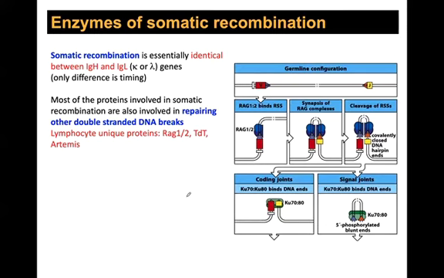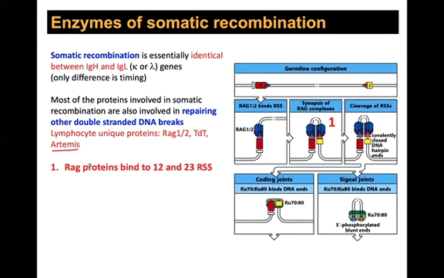But there's a few that are lymphocyte specific. And these include the RAG1 and 2 genes, that stands for recombination activating gene. TDT, which is terminal deoxynucleotidyl transferase, which is a unique nucleotide polymerase that works in a different way than any of the other polymerases you've encountered. And a protein called Artemis, which has a unique role in the immune system.